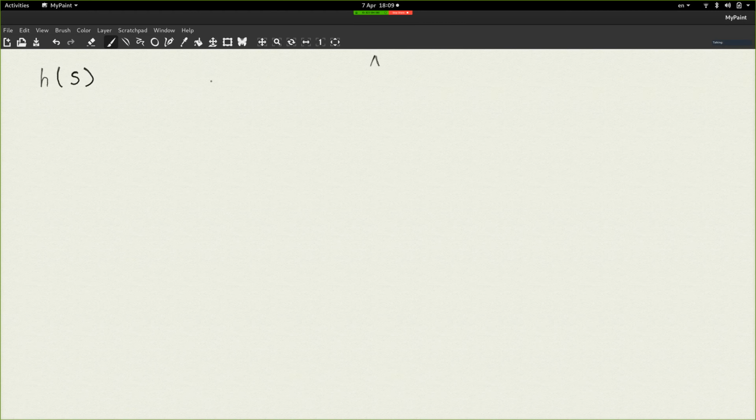So what is h of s? Let me introduce it in this way. This is s, this is h of s. First of all, this function h of s will be 0 outside the interval AB.